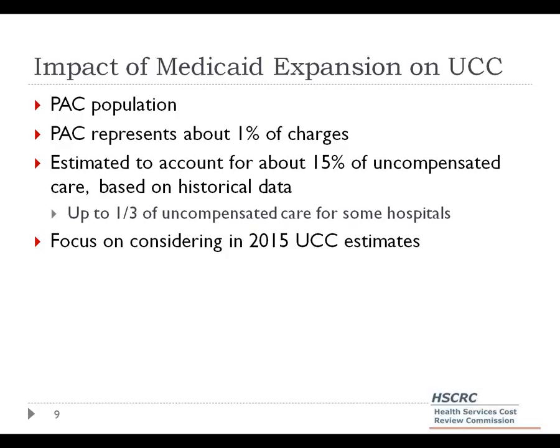This particular population is a high user group with a very high hospital use rate, higher than the average hospital use rate in the state, and a population that uses the hospital fairly regularly.